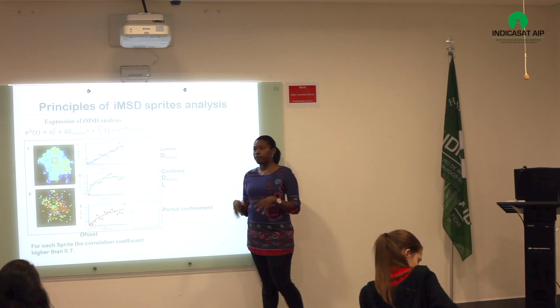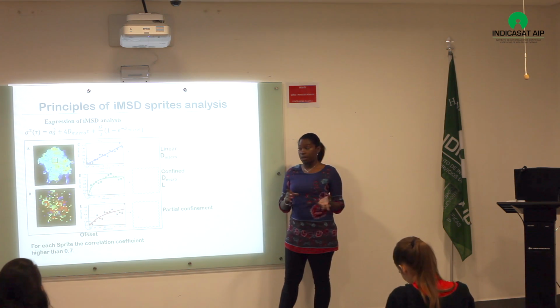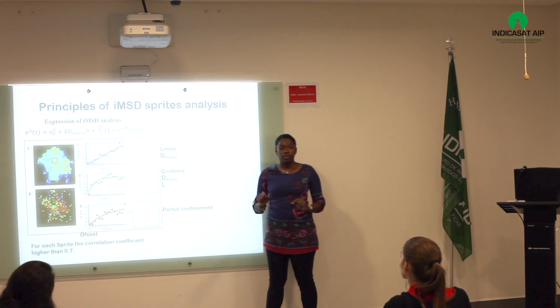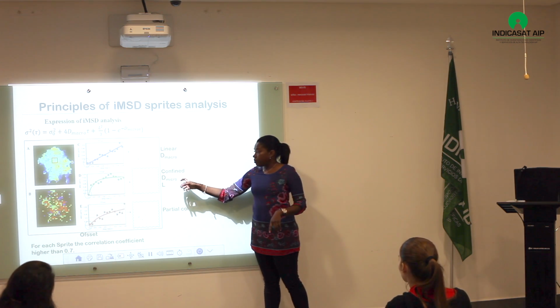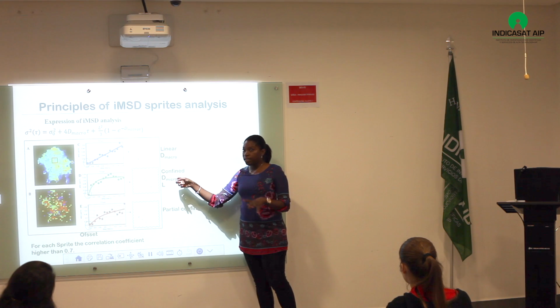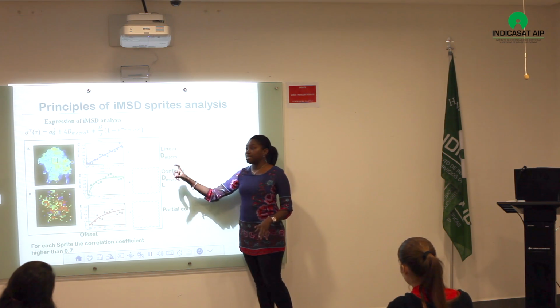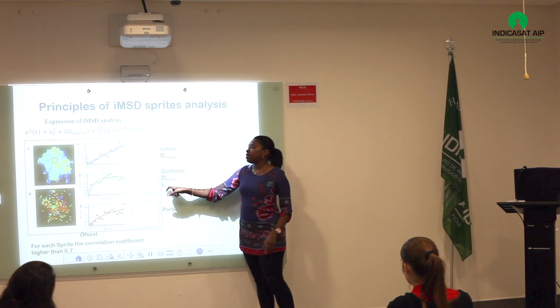This means that the particles are freely diffusing across the membrane. From this equation, I am also able to obtain the parameters of the confined, the local diffusivity of the molecules in the scale D micron, and the size of this confinement, scale L.